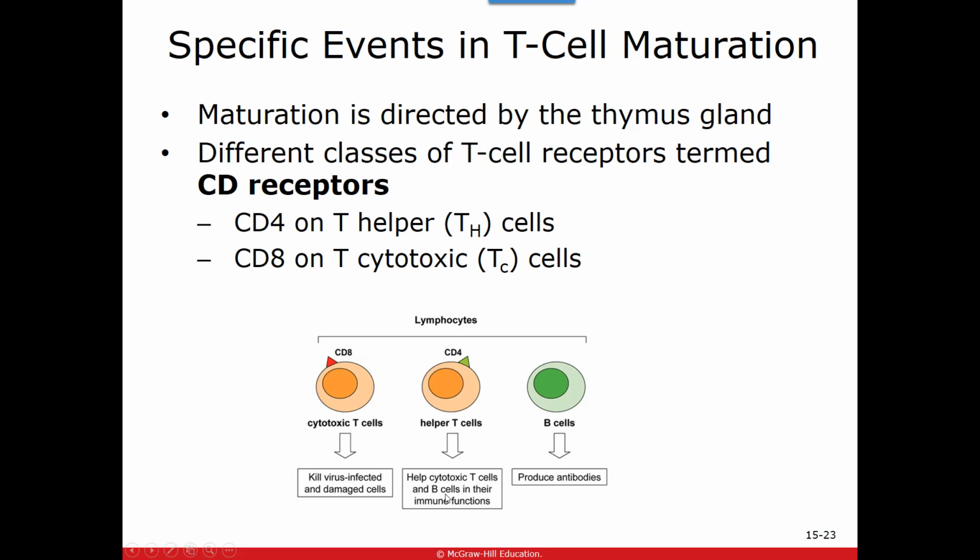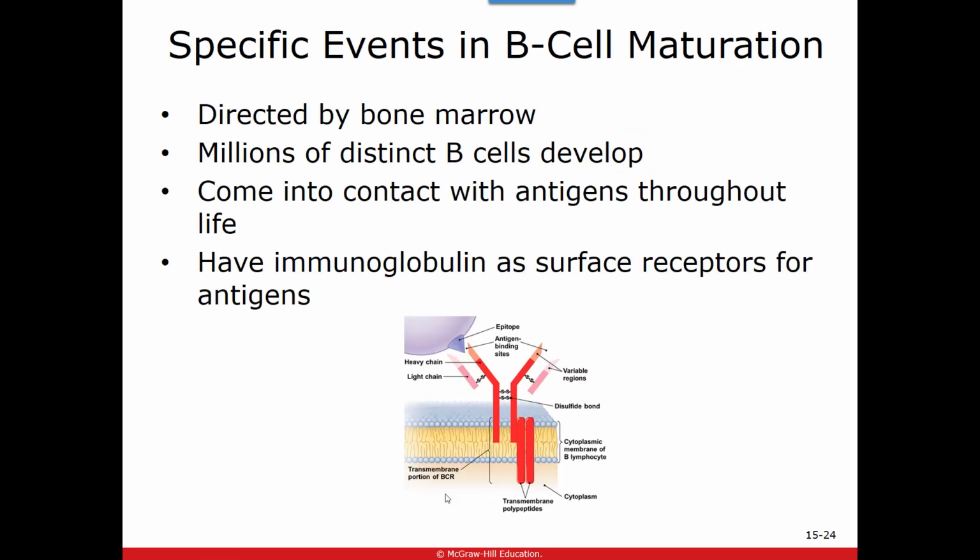Now, where and how the B cells mature. Again, a B cell is a lymphocyte, and here's your B cell, the outside of it. Here's the big Y, the B cell receptor that's on the outside. But B cells, again, we have millions of B cell receptors.